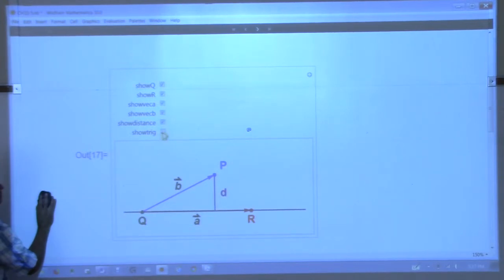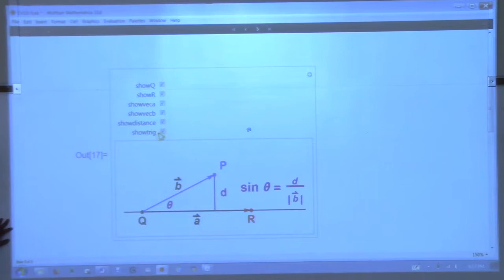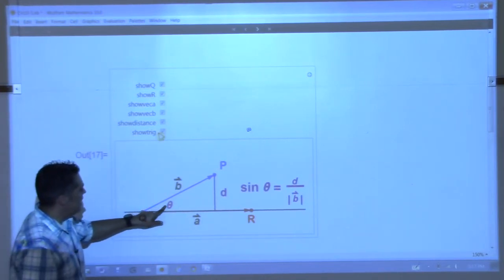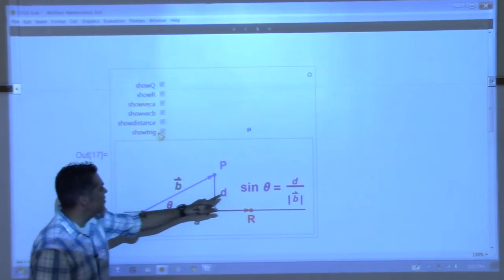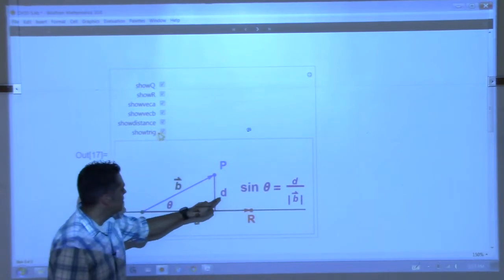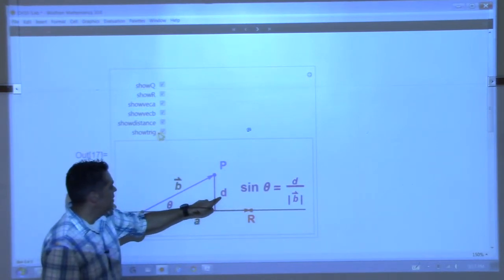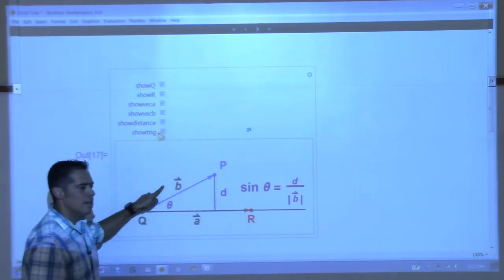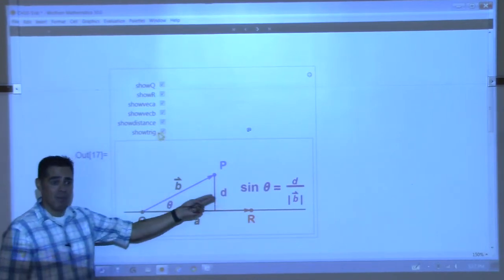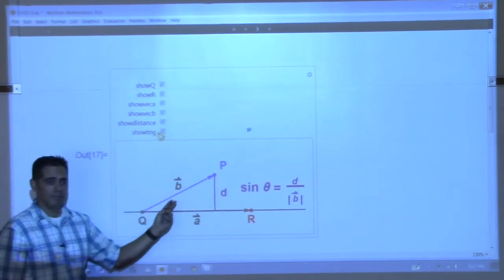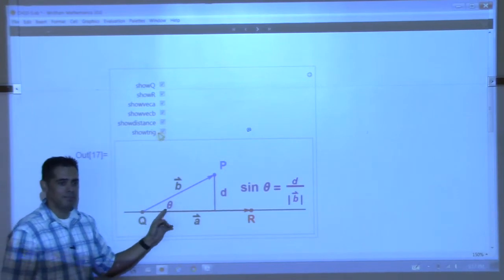But look at this. This is just a pretty simple trig problem. If theta is the angle between them, then sine of theta is just that distance divided by this magnitude. So sine is opposite over hypotenuse, right? Is this what you were alluding to earlier?